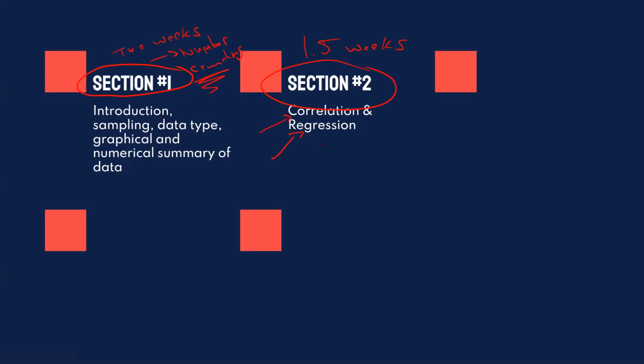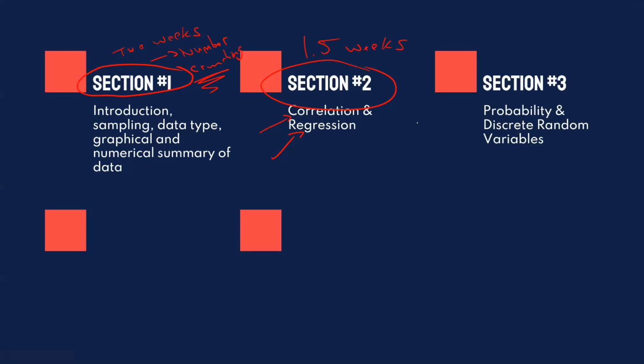These 2 topics are really a lot of fun, and especially in this section here, you're going to need your graphing calculator because the formulas get really crazy, and the use of technology makes this section a lot easier. All right, next, section 3 is talking about probability and discrete random variables.